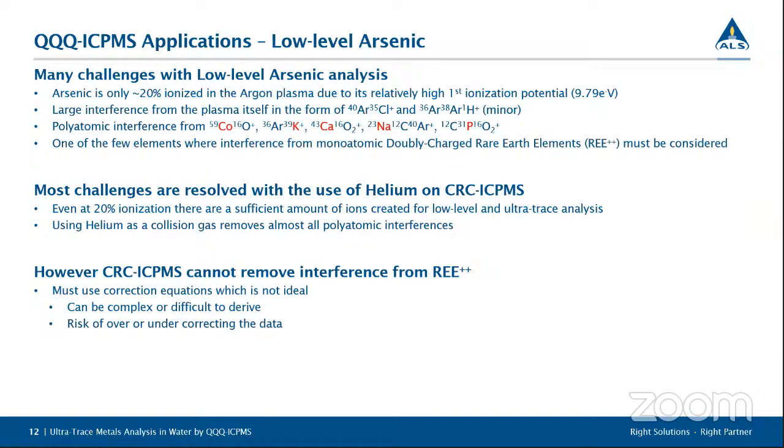But using correction equations is not ideal because they can be complex or difficult to derive. There may be different equations depending on the analytical method being used, and since you're manipulating the data, there is a risk of over or under correcting. So you really have to make sure that if you are using a correction equation, it is correcting properly.